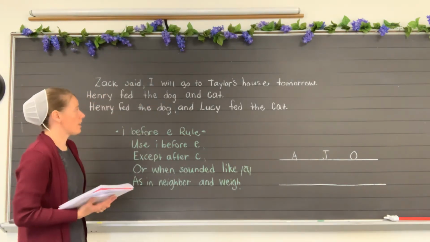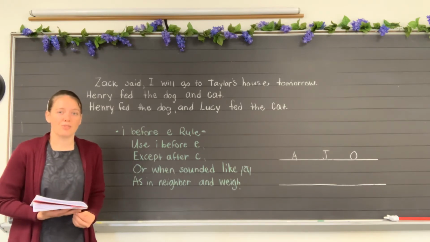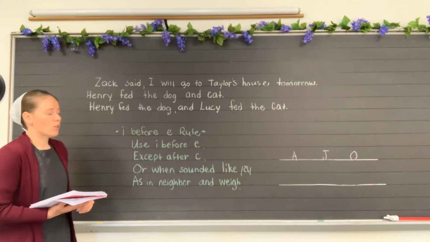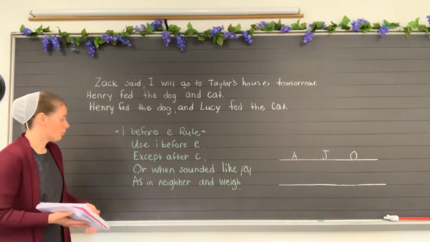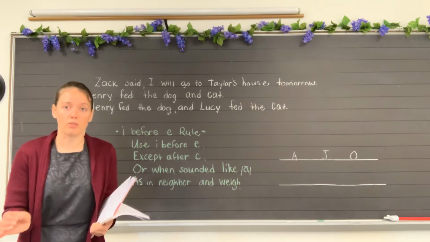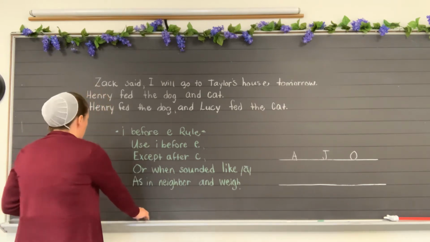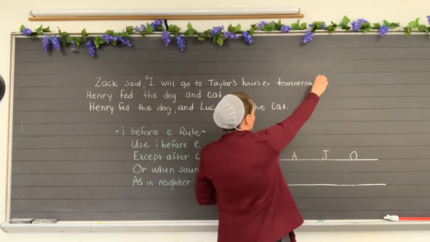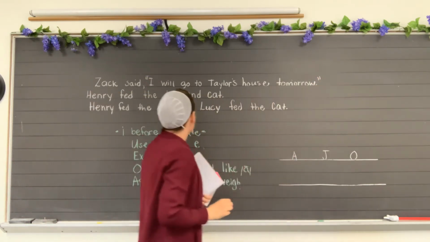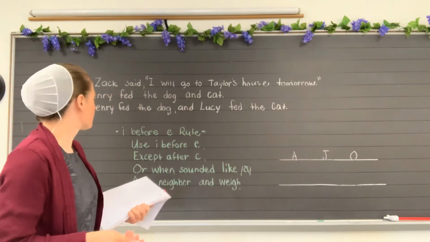The first sentence says, Zach said, I will go to Taylor's house tomorrow. So that is a quotation in there, and we need to put quotation marks around the exact words that Zach said. So, I will go to Taylor's house tomorrow is the exact words that Zach would have said. So you would put quotation marks around it.